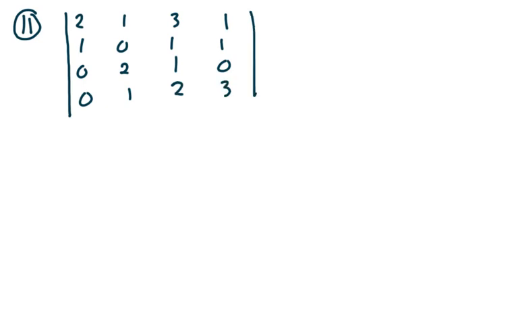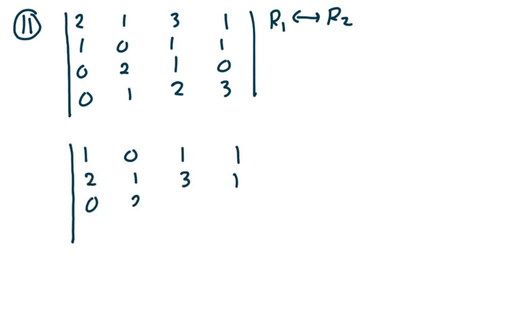So right off the get-go, I want to take row 1 and swap it with row 2. When I do that, I get the determinant of 1, 0, 1, 1, 2, 1, 3, 1, 0, 2, 1, 0, 0, 1, 2, 3. Okay?